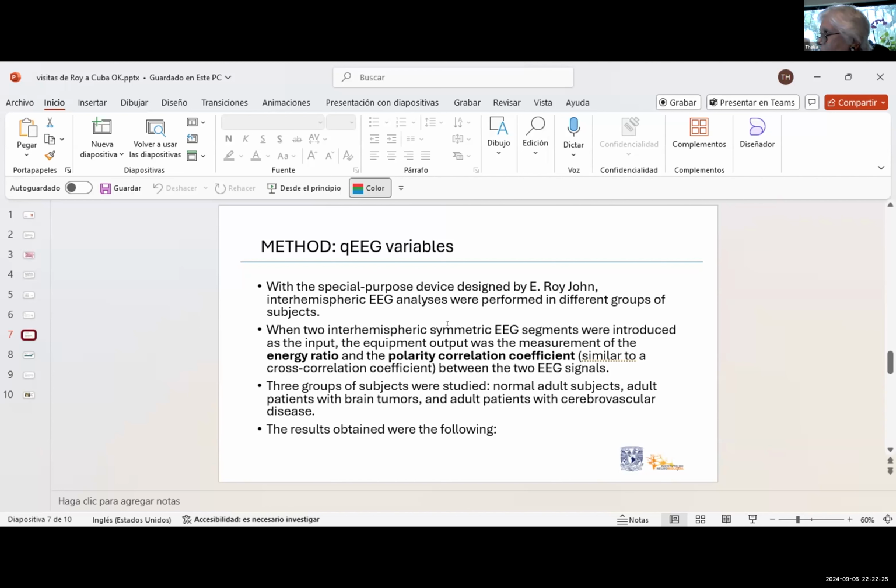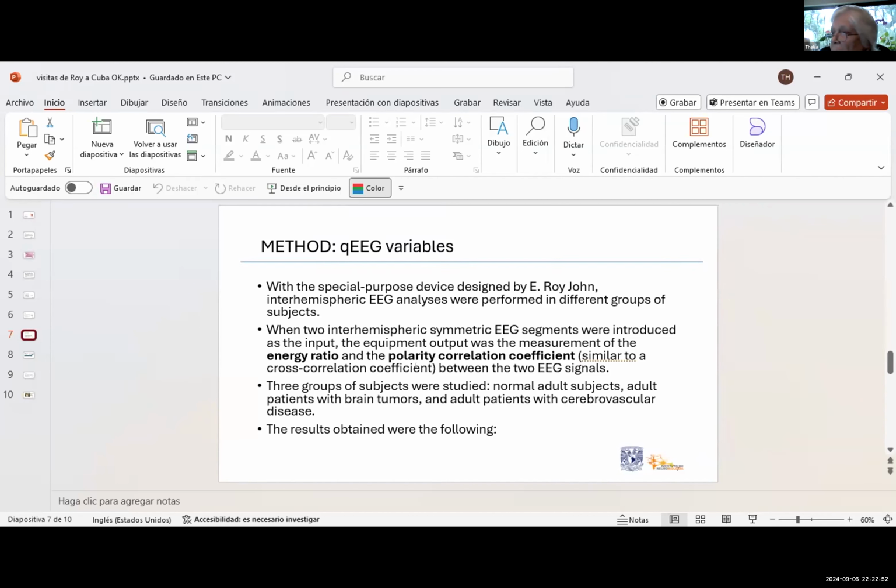In the case of the symmetry, we are using the homologous EEG derivations, left and right, and the equipment output measures the energy ratio and the polarity correlation coefficient. This polarity correlation coefficient is very similar to a cross correlation coefficient between the two EEG signals.